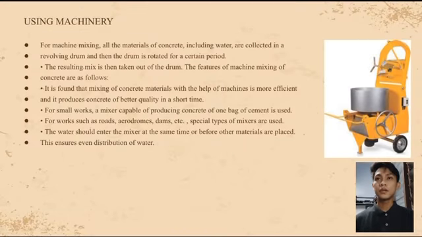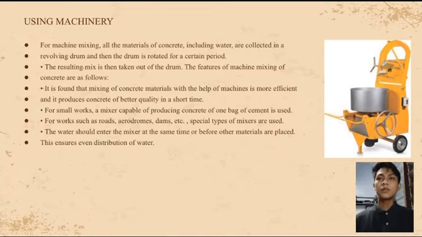Second, using machinery. For machine mixing, all the materials of concrete, including water, are collected in a revolving drum, and then the drum is rotated for a certain period. The resulting mix is then taken out of the drum. The features of machine mixing of concrete are as follows.